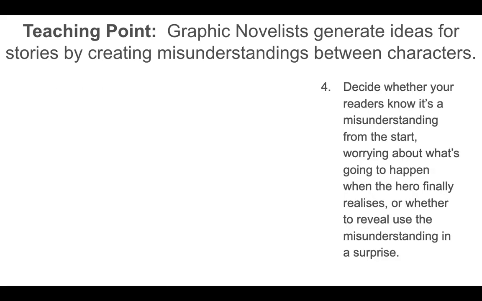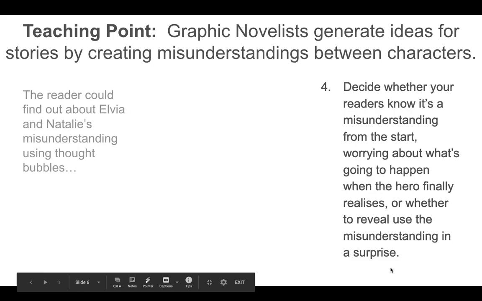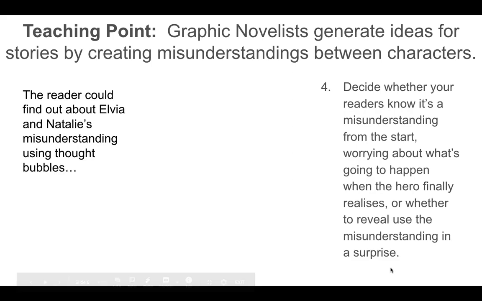Once I have that, you might want to think about whether the readers know that it's a misunderstanding from the start, worrying about what's going to happen when the hero finally realizes, or if you want to reveal that misunderstanding as a surprise towards the end. For my story, I could have the reader find out about Elvia and Natalie's misunderstanding using thought bubbles.